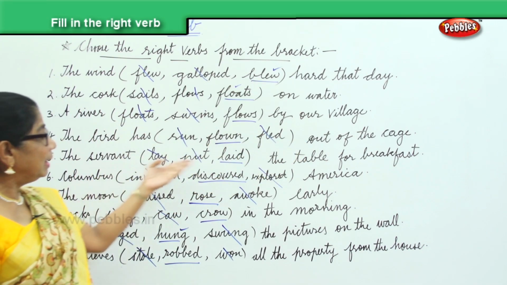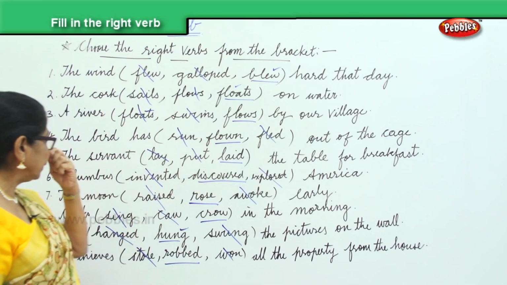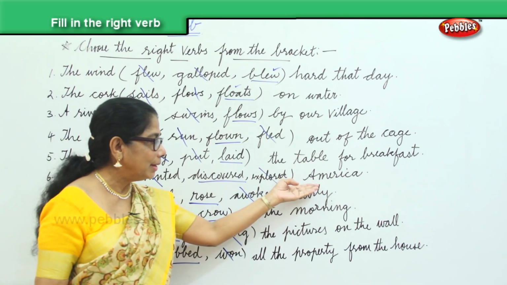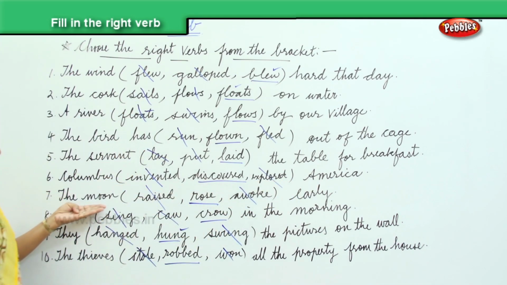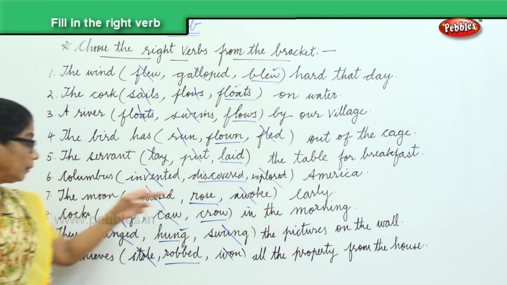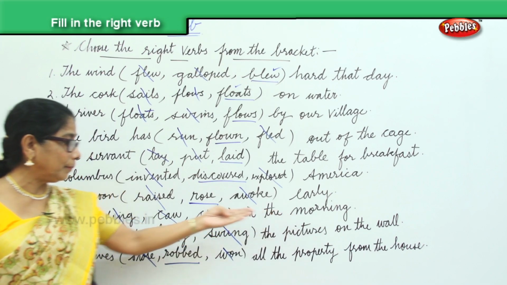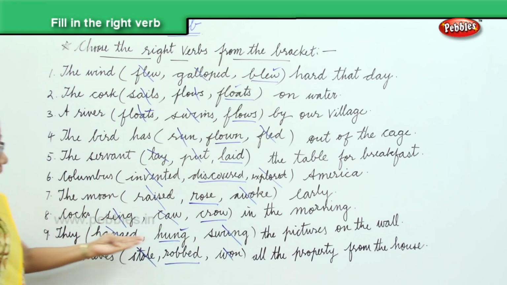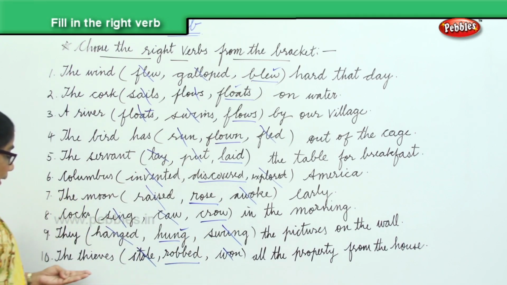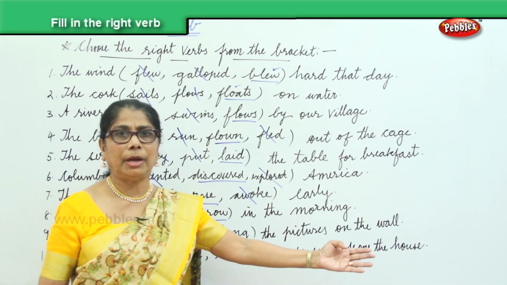The servant laid the table for breakfast. Columbus discovered America. The moon rose early. Cocks crow in the morning. They hung the pictures on the wall. The thieves robbed all the property from the house.